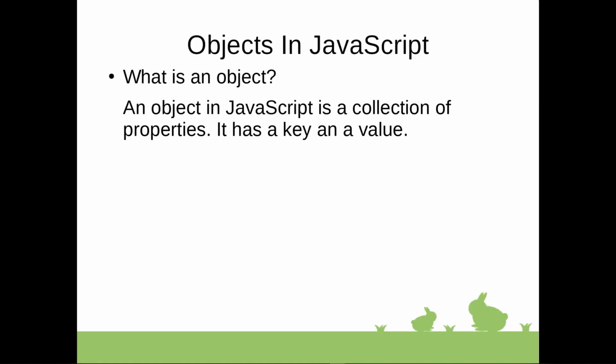Like a car has wheels, a steering wheel, the engine, the gas pedal, the brake pedal. These are the components that make up a car. But in JavaScript, an object is denoted by a key and a value. I'll show you how to initialize that.